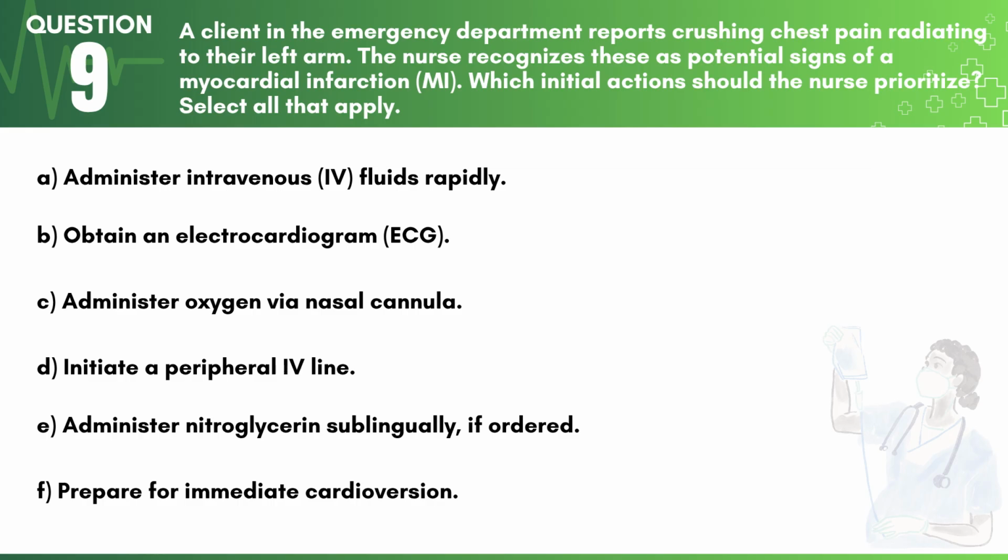B. Obtain an electrocardiogram, ECG. C. Administer oxygen via nasal cannula. D. Initiate a peripheral IV line. E. Administer nitroglycerin sublingually, if ordered. F. Prepare for immediate cardioversion.